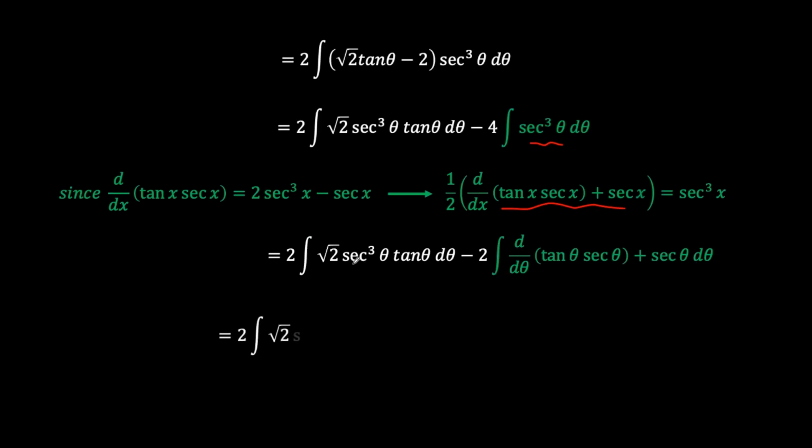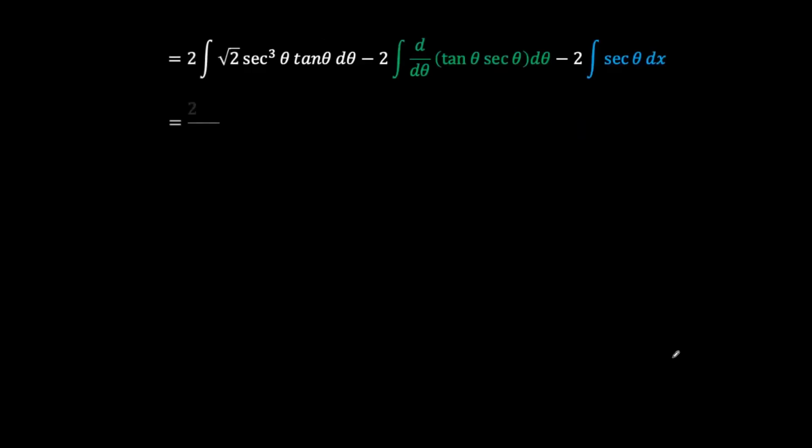So this one here is very easy to see. Sec cubed theta tan theta, that derivative is a third sec cubed theta. And then here, when you integrate that, it just becomes tan theta sec theta. And then we're left with this as our other problem. So as I said, this part here, when integrated, becomes a third sec cubed theta, and then we have 2 times root 2, so we have 2 root 2 over 3 sec cubed theta.